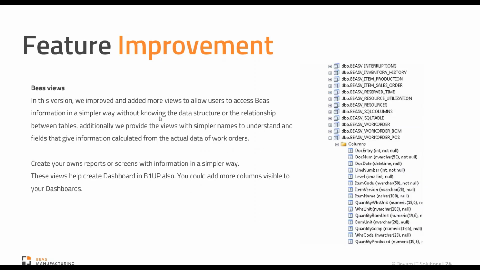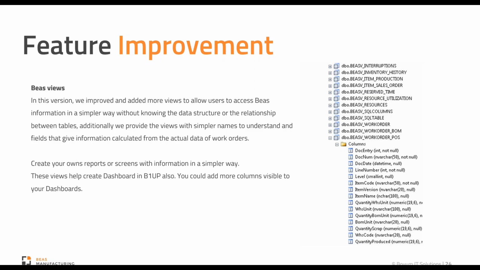These are the Beas views I was talking about. So in SQL, we have all of these new views, okay, that will show you the fields with names in English, which will make it much easier for you to write queries instead of trying to decipher the tables and the German names.